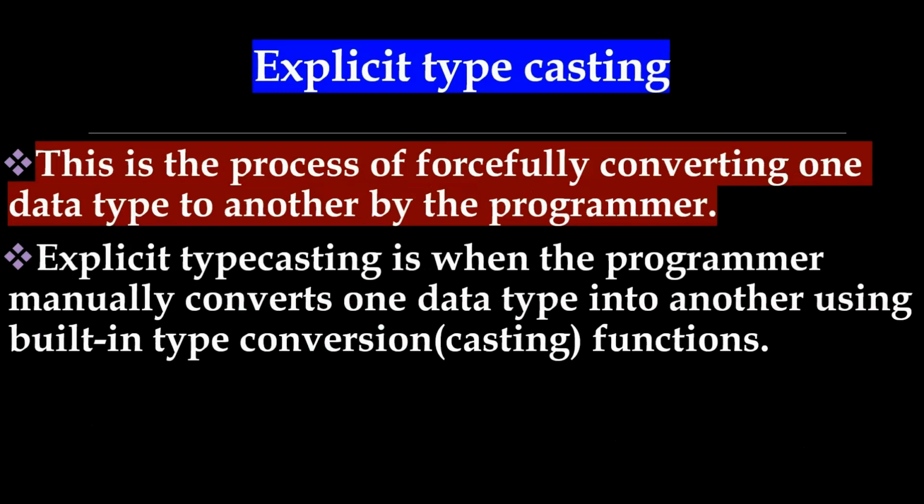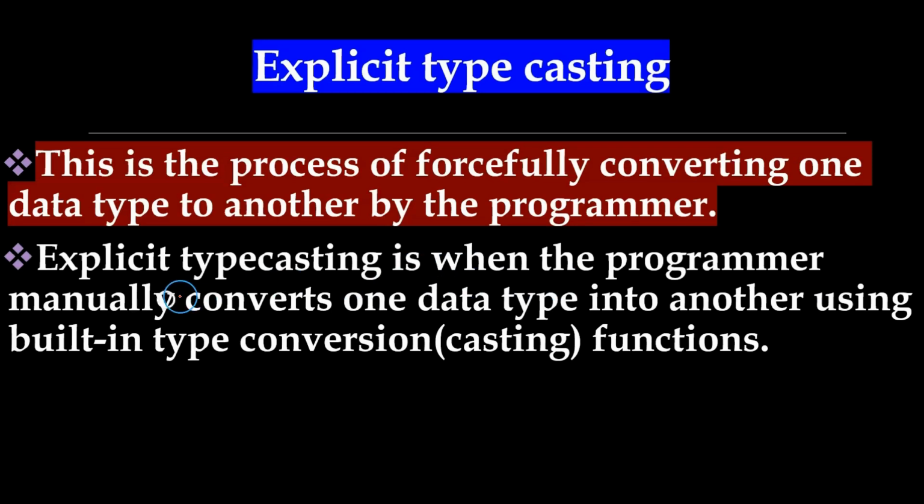Let us move on to explicit typecasting. Explicit typecasting is the process of forcefully converting one data type into another data type by the programmer. Here the user is converting forcefully from one data type to another.